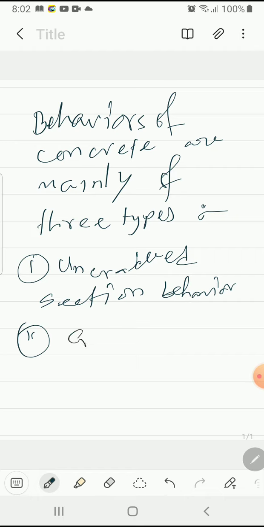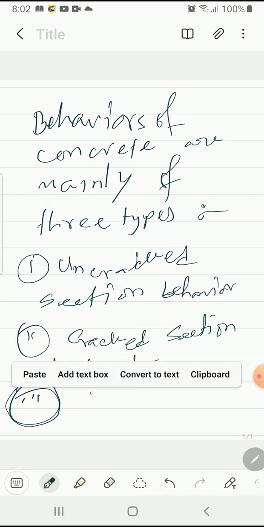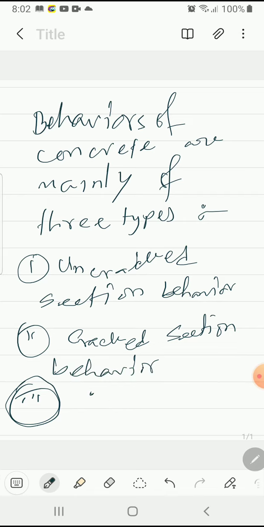Number 2, cracked section behavior. Number 3, it is mainly 2 types.